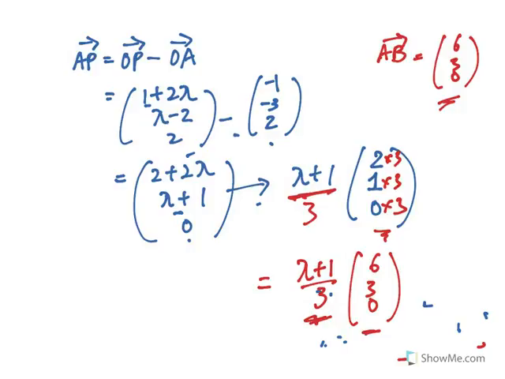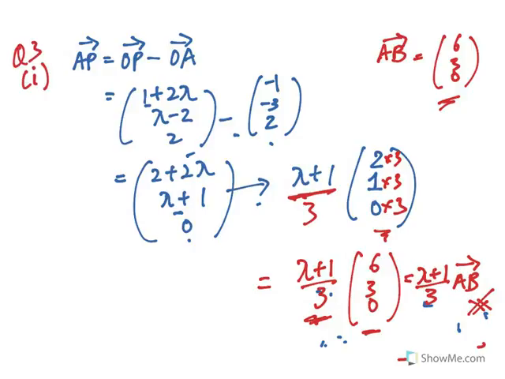Therefore shown, AP is a scalar multiple, (λ plus 1) over 3, of AB. It's not easy, but the important part is that you need to know what collinearity is, how to prove collinearity, and how to force a scalar multiple to appear. So this is for question 3 part 1.